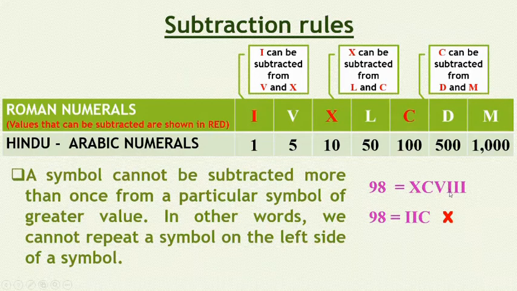Then V equals 5 and I equals 1. So 3 I's equals 3, and then we have to add 5 and 3. We will get 8. So XCVIII is 98.